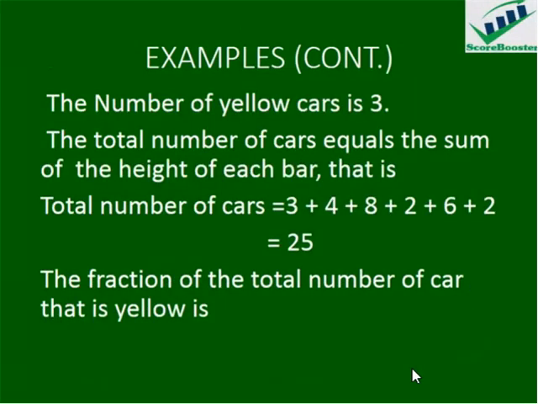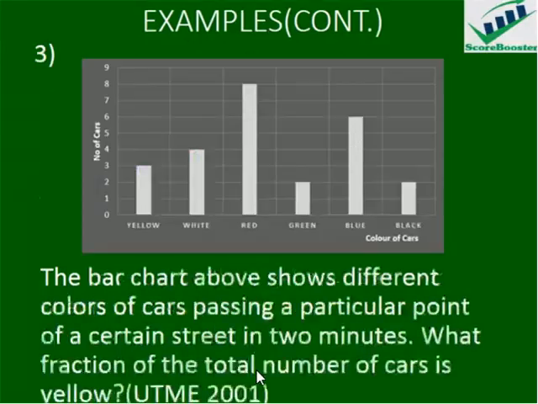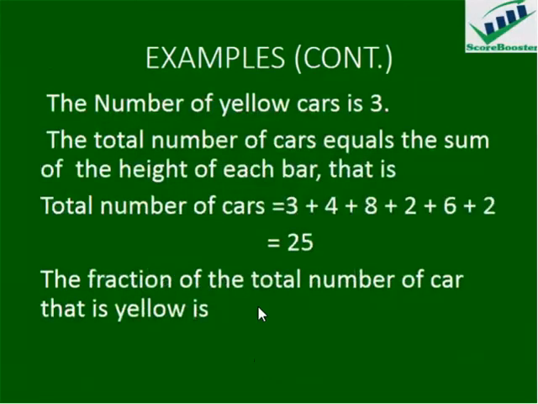So now we move to the solution. We know the number of yellow cars is 3 from the bar chart. So now the total number of cars equals the sum of the height of each bar. That is the frequency, as I've explained.